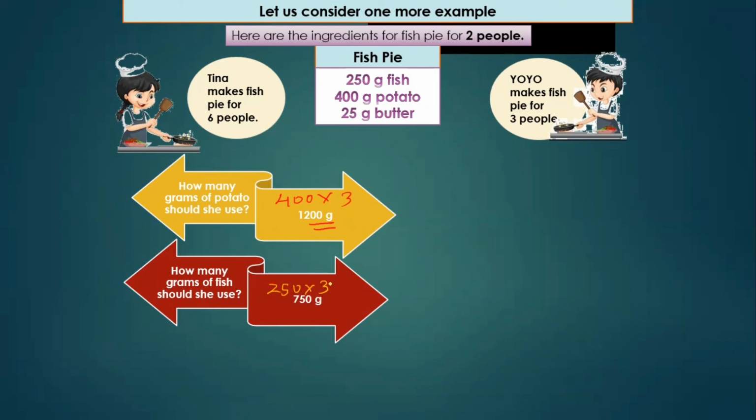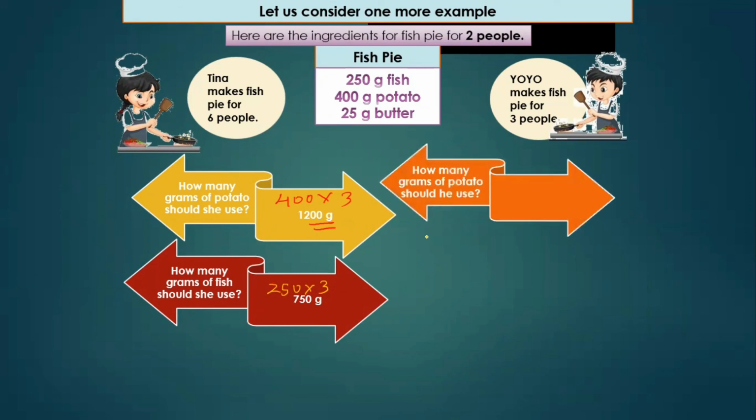Got it? Now Yo-Yo is making fish pie for 3 people. How many grams of potato should he use? He is making for 3 people, and we know the quantity for 2 people. So here it is 600 grams. How did you get this 600 grams?